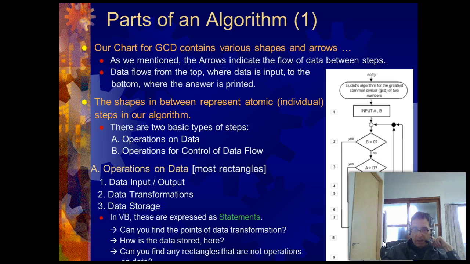That's data output. That's also a rectangle. Okay, data transformations. Here we're transforming data. We're taking B and subtracting A and making that the new B. So that's a data transformation. And data storage.